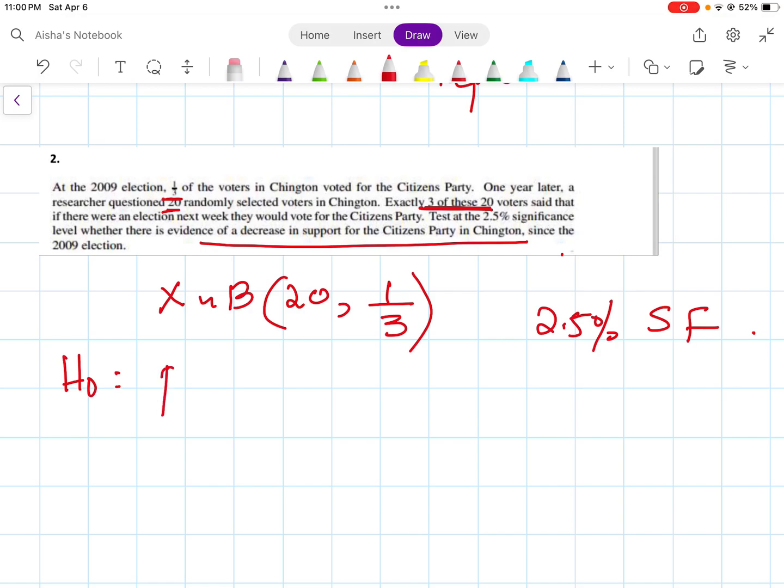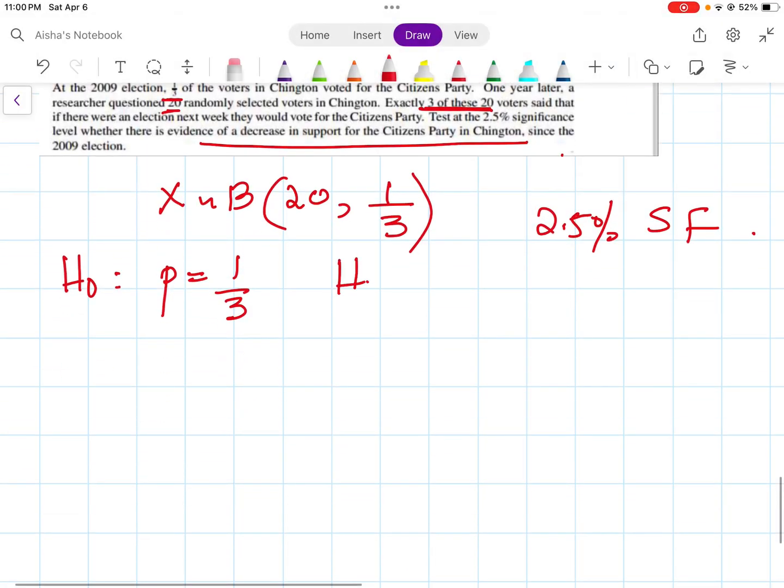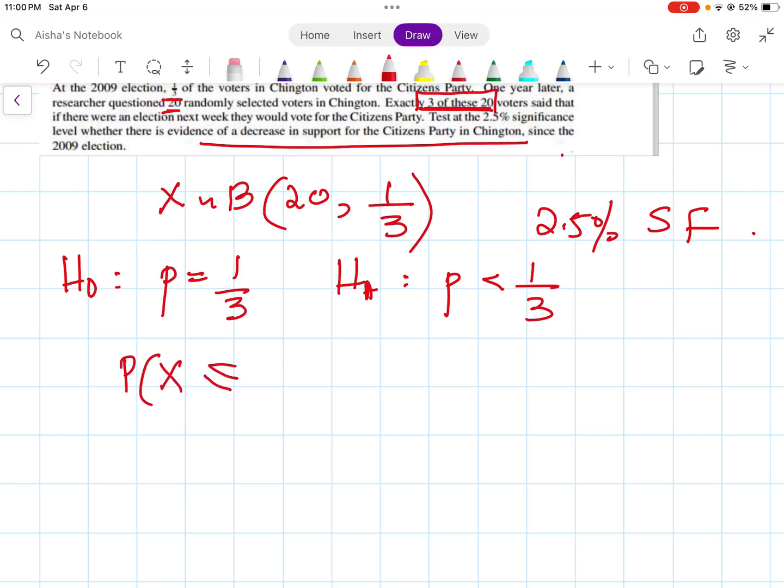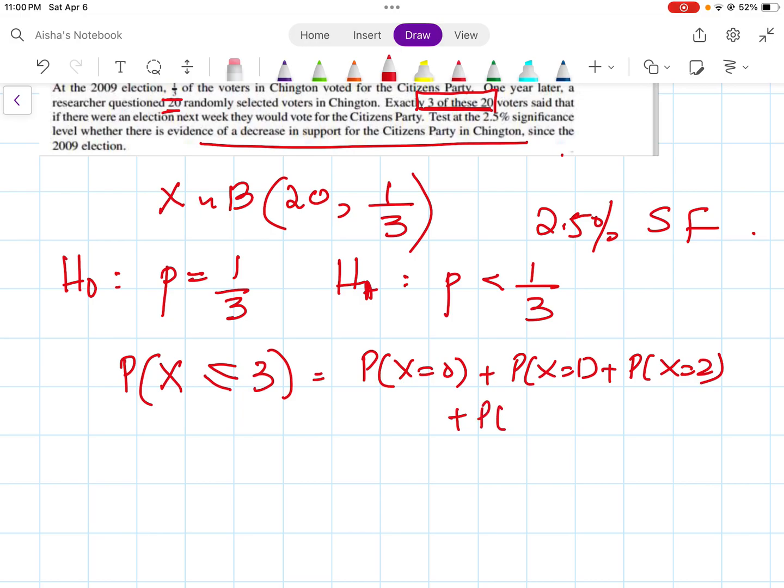So you say the null hypothesis: my probability of success is 1/3. And in the alternative hypothesis, my probability has decreased from 1/3, because this is a lower tail test. Exactly 3 of these. Since it's a lower tail test, you will do for x less than or equal to 3. That means 0 plus 1 plus 2 plus 3.